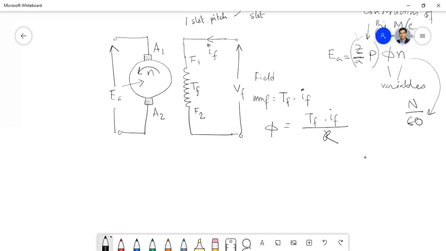So that means we want to generate a DC voltage, and for that we need another DC voltage source. Are you getting it? So this type of configuration is called separately excited.